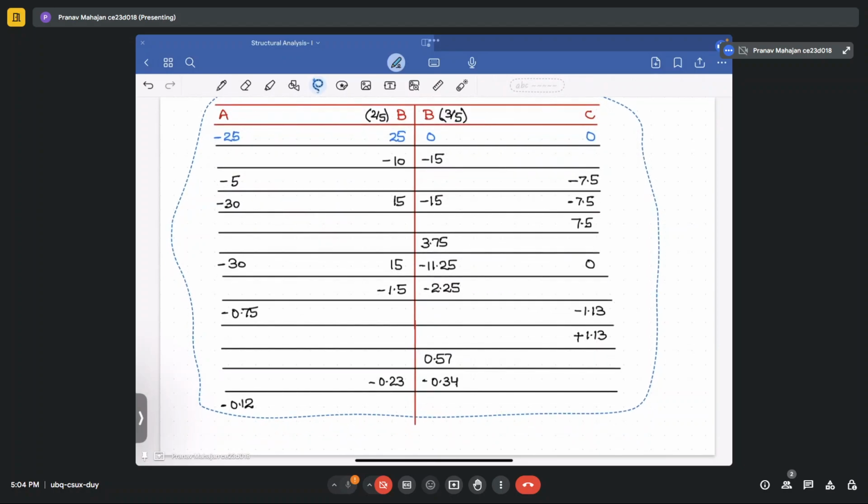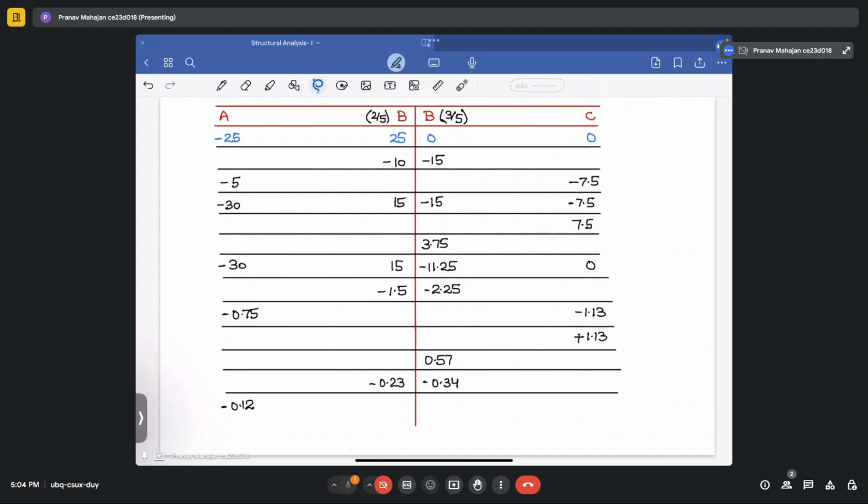So what will be our end moments? Yeah. So your end moments here come out to be minus 30.87, and this is 13.27.